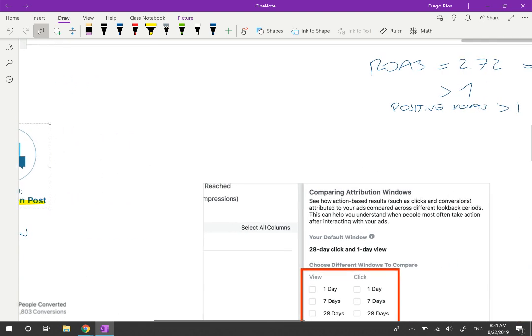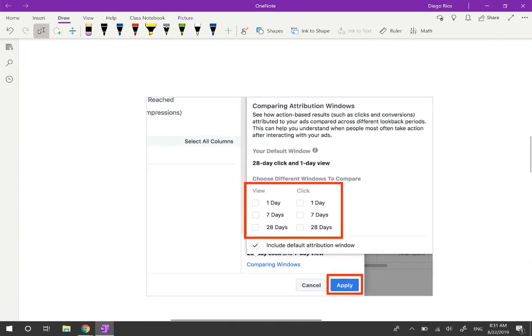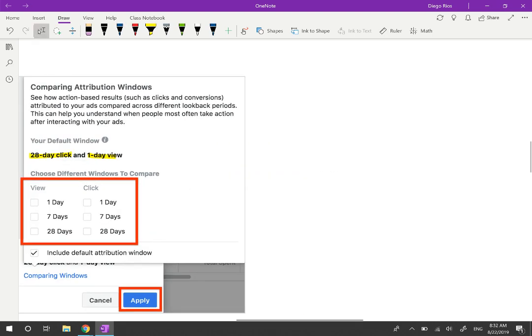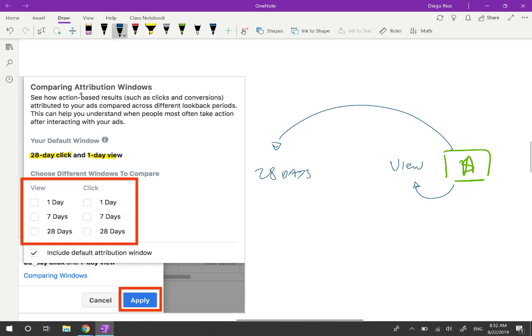But what Facebook does is a click and view attribution window, right? What they'll say is, we'll give you a 28-day click and 1-day view attribution window. What this means is that from your conversion date, right? So if someone made a purchase, they're going to go back 1 day before for a view and up to 28 days for a click.